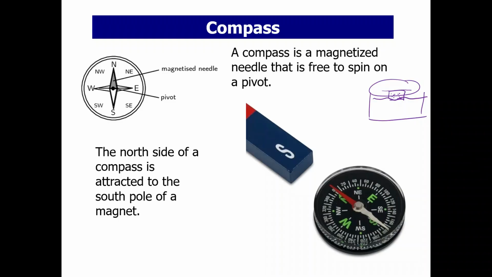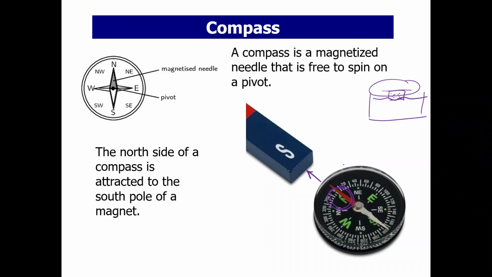When you look at a compass, there's usually a red or a black side, and the other side is white. The red side of that compass generally tends to point north. So if you look here on this compass, it's pointing north, but it's pointing north because it's attracted to the south pole of the magnet. It's really weird.